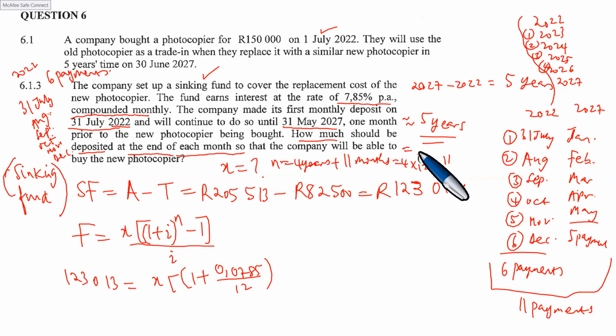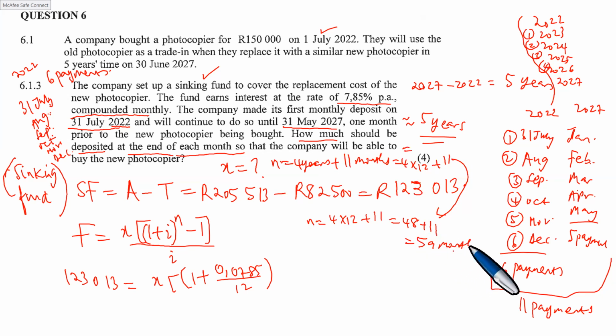So N, therefore, is 4 by 12 plus 11, which is 48 plus 11, which is exactly 59 months. All right, so in other words, N is going to be 59 minus 1. We divide everything by, okay, so we have this one here.